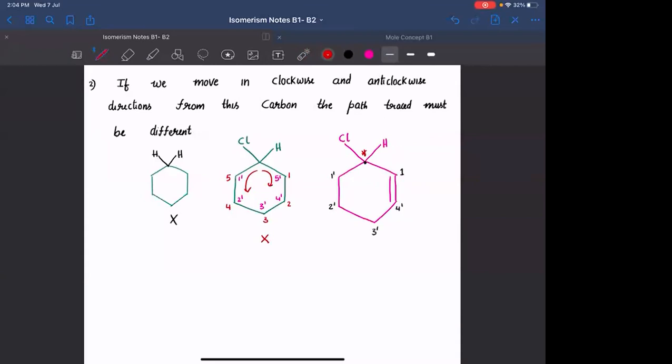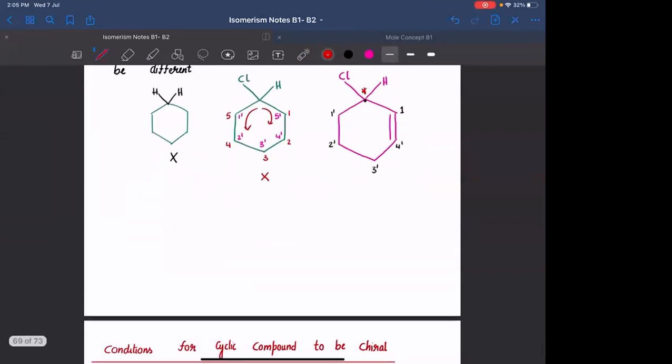We are just identifying chiral carbons. We are not identifying if the molecule is chiral or not as of now. Is this clear? So the carbon is chiral. Agreed? Okay. I will give you some questions.